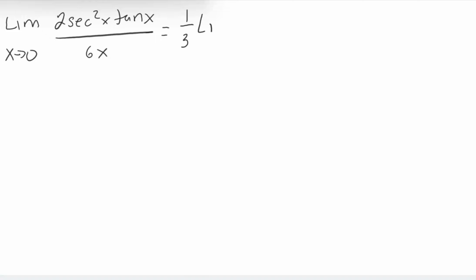And then I can have the limit as x goes to 0 of secant squared x, and then the limit as x goes to 0 of tangent x over x. So let's break things up a little bit. So I pull out my constant.